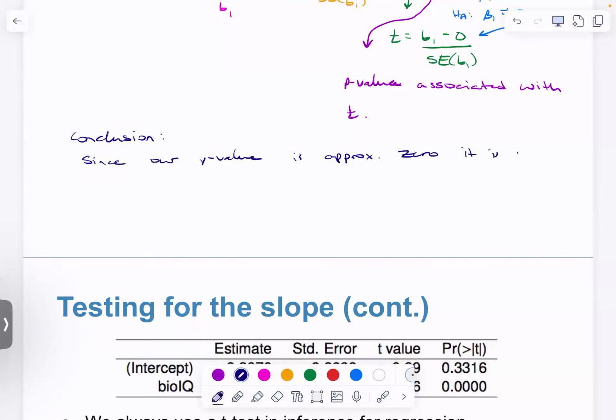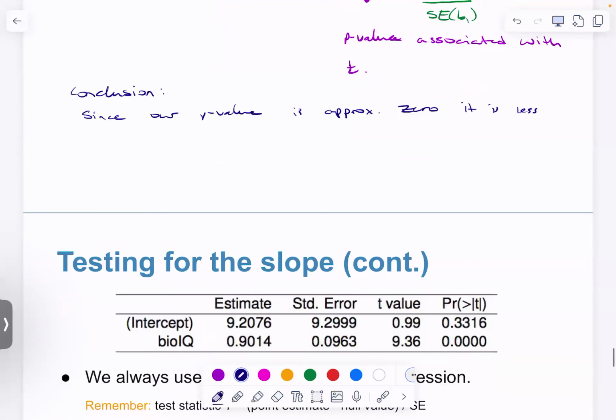It is less than our assumed alpha level of 0.05, which means we have enough evidence to reject H0.